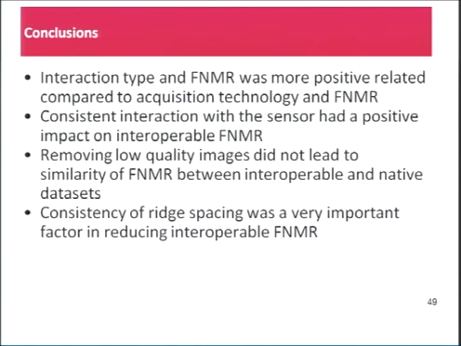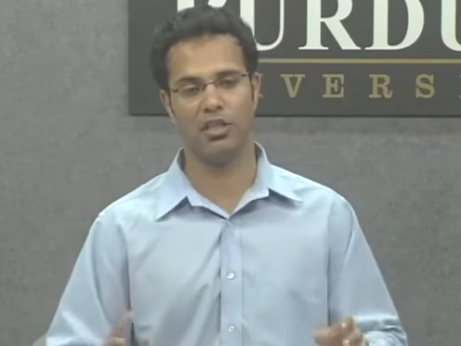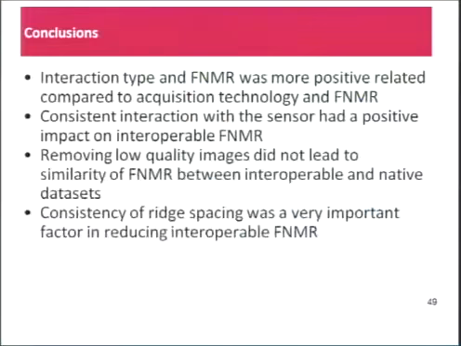We also noticed that the interaction type and the false non-match rate were more positively related compared to the acquisition technology. This was when the data sets were actually regrouped just by the acquisition and the technology type. And consistent interaction had a positive impact on reducing the false non-match rate, and that impact was also seen on interoperable data sets.